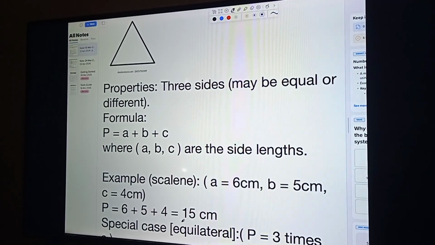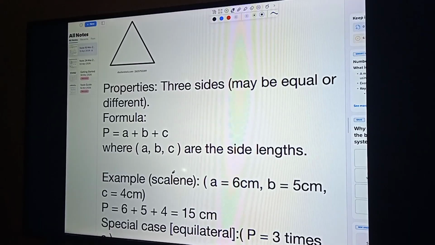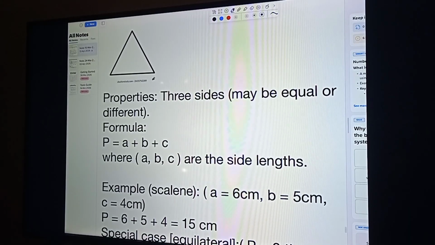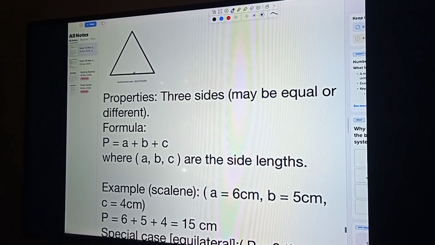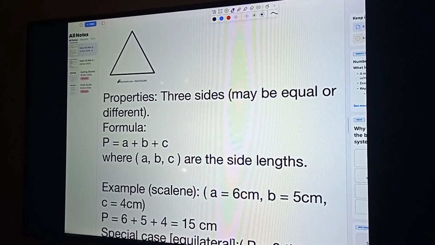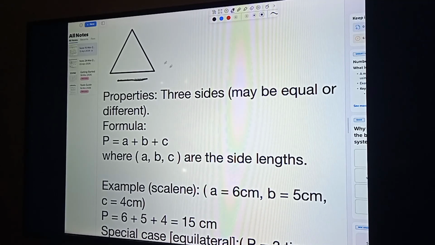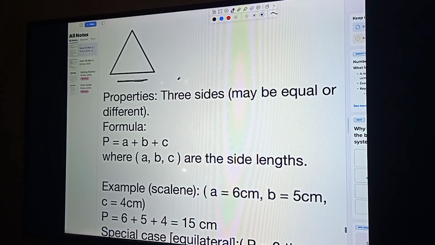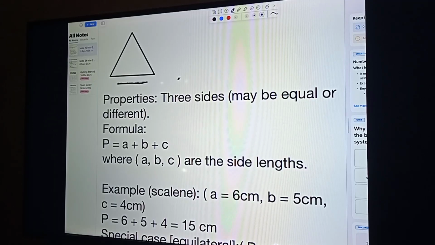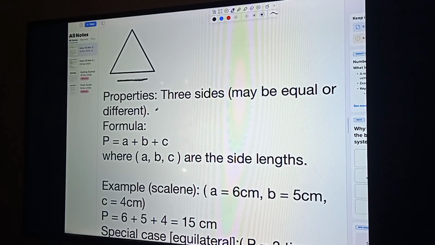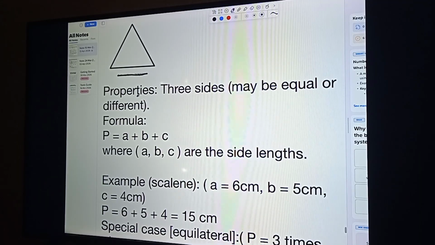For the perimeter calculation, our third shape is the triangle. There are 3 sides of any triangle, and sometimes they are equal and sometimes they are different.